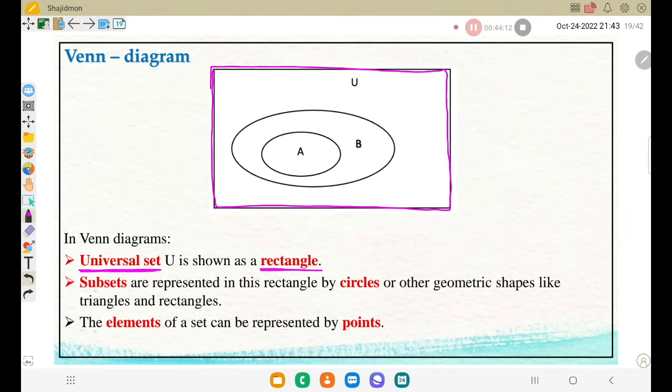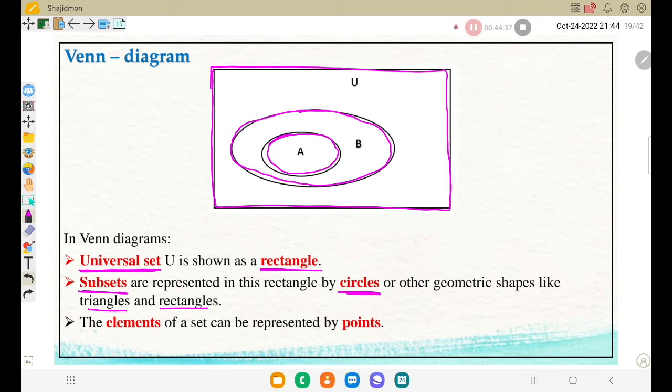Then the subsets of the universal set we represent using circles, or we can use geometric shapes like a triangle or rectangle, or an elliptical shape. For example, here A is a subset, an elliptical or circle shape you can use. B is a subset, correct. B is a subset of the universal set.